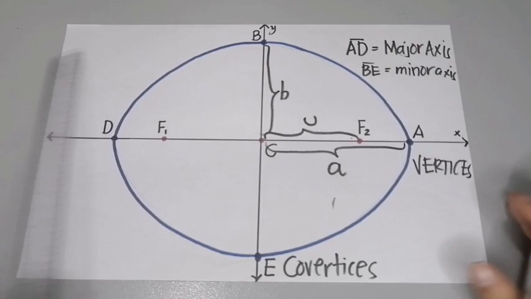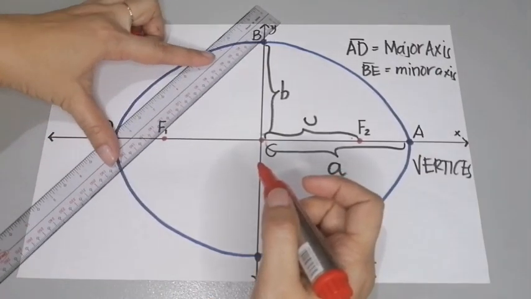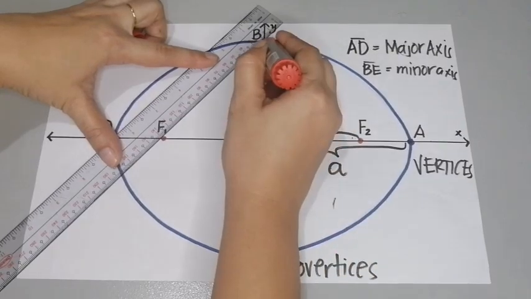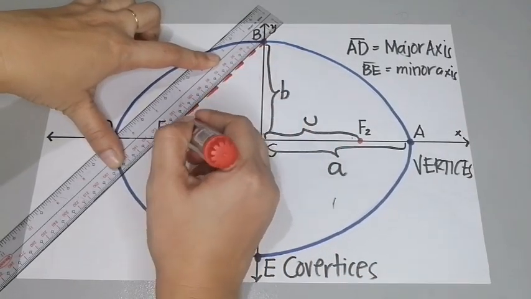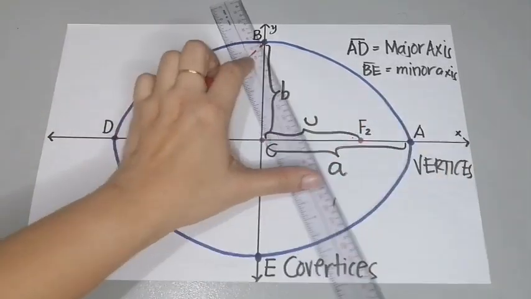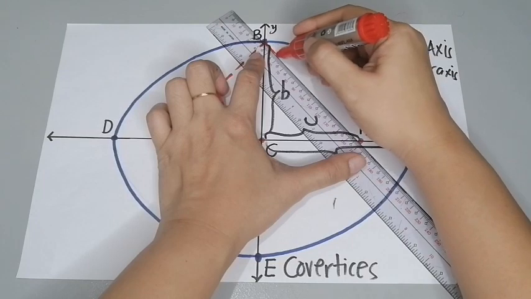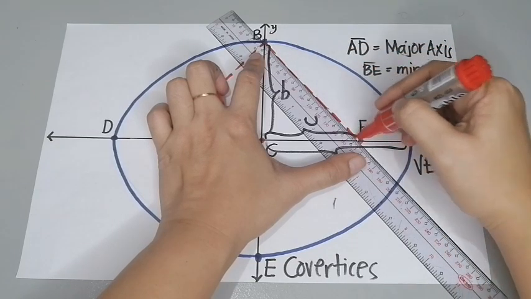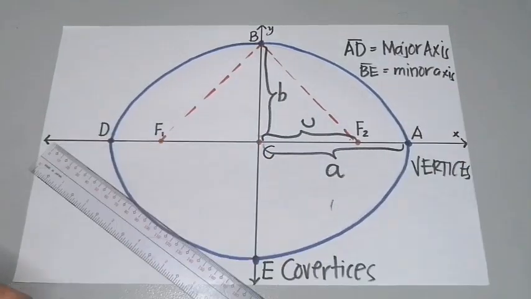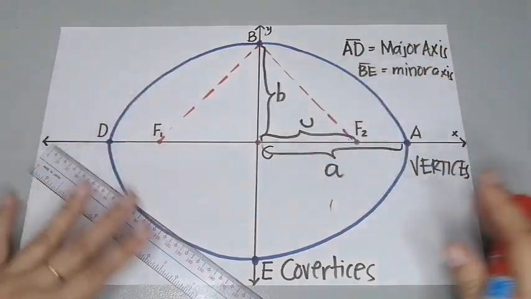Suppose we draw line segments BF sub 1 and BF sub 2. Now guys, what can you say about these line segments? Okay, correct. The lengths of these line segments are equal.